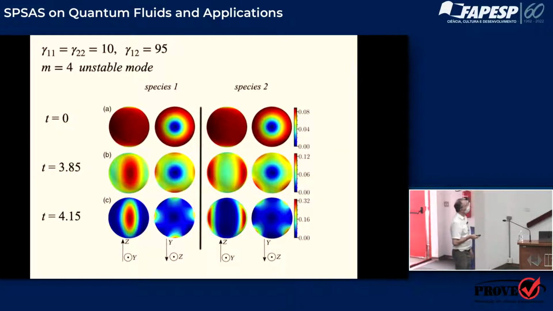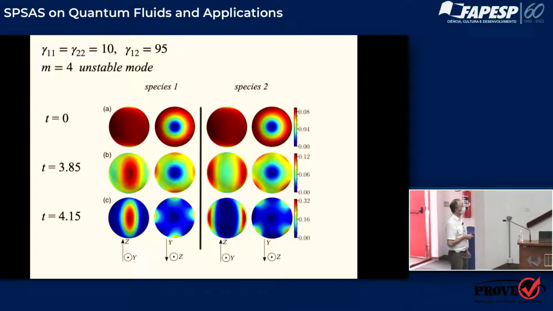So this is a particular case in that diagram as an example. Another example is the case omega 1,2 is 95, m equal 4, an unstable mode. So at t equals 0, here we make a time-dependent evolution. We started with species 1. Here there are different views from y and z, and here y and z.